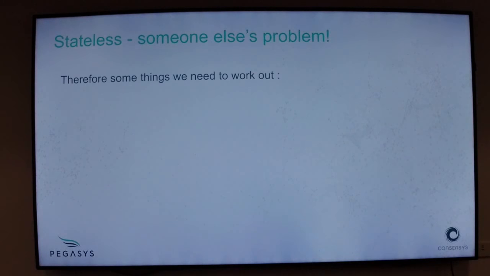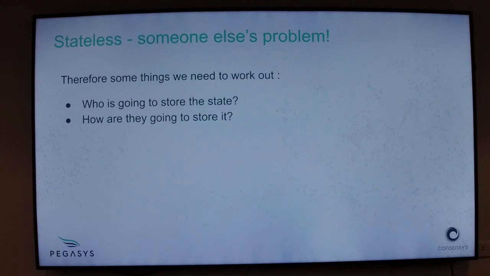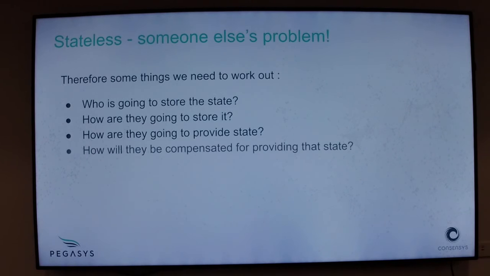If it is someone else's problem, there are a few things we need to work out. Who's going to store state? How are they going to store it? How are they going to provide the state? How will they be compensated for providing that state? And how will they be compensated for storing that state?